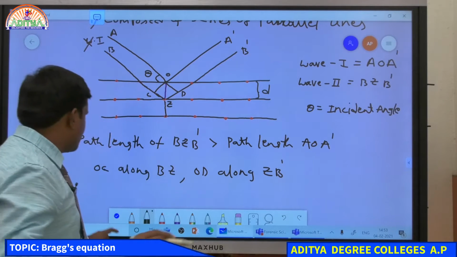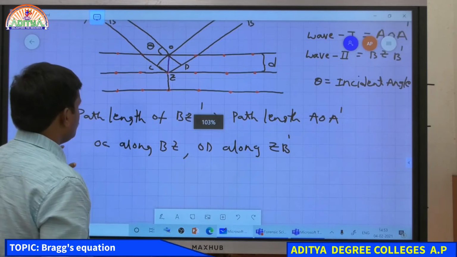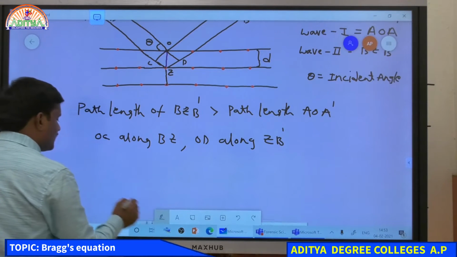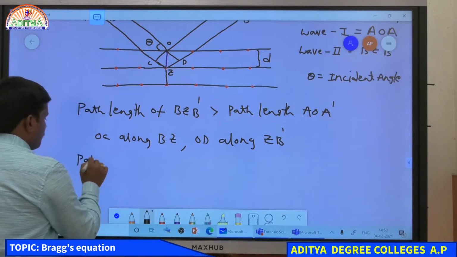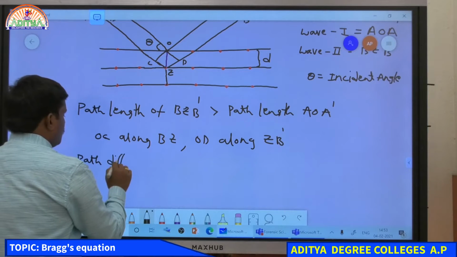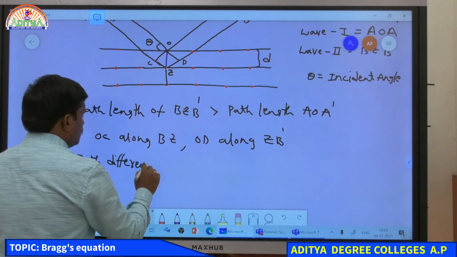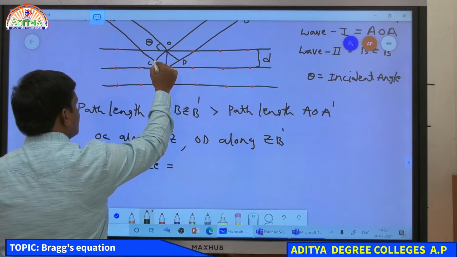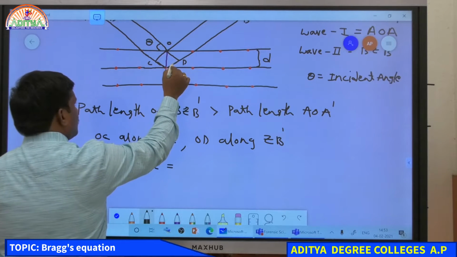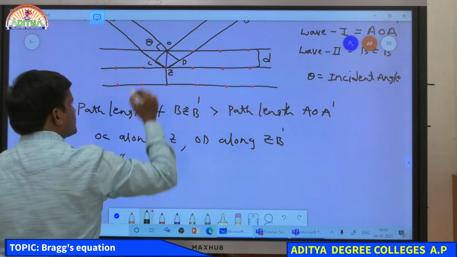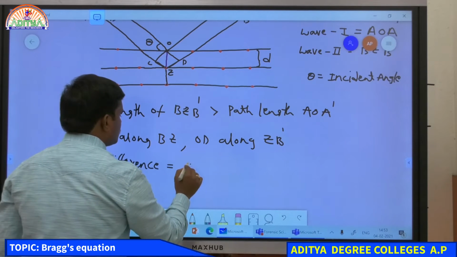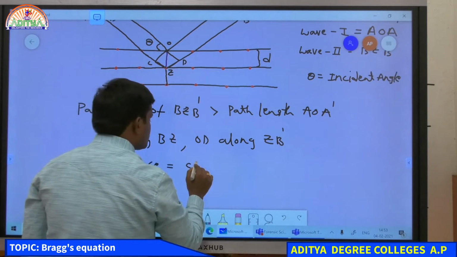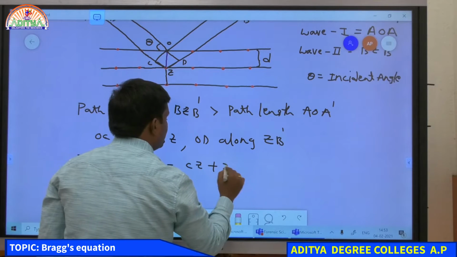Therefore, what is the path difference? This is the extra path for the second wave. Therefore the path difference is equal to CZ plus ZD.